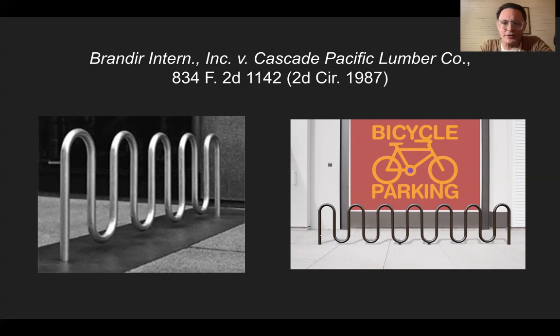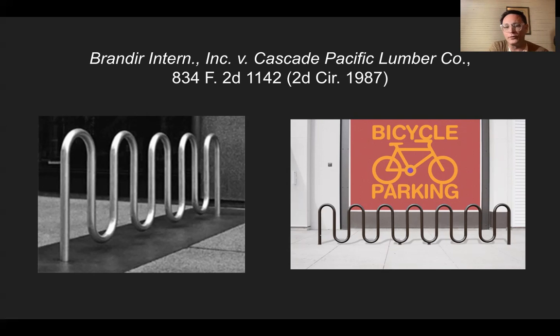They bring an infringement action, and Cascade's response is, hey, this is not a copyrightable work of authorship. This is functional. The reason it takes this particular design is because this is the most functional design. It makes it work best as a bike rack, and it also makes it the least expensive iteration of this design to produce.